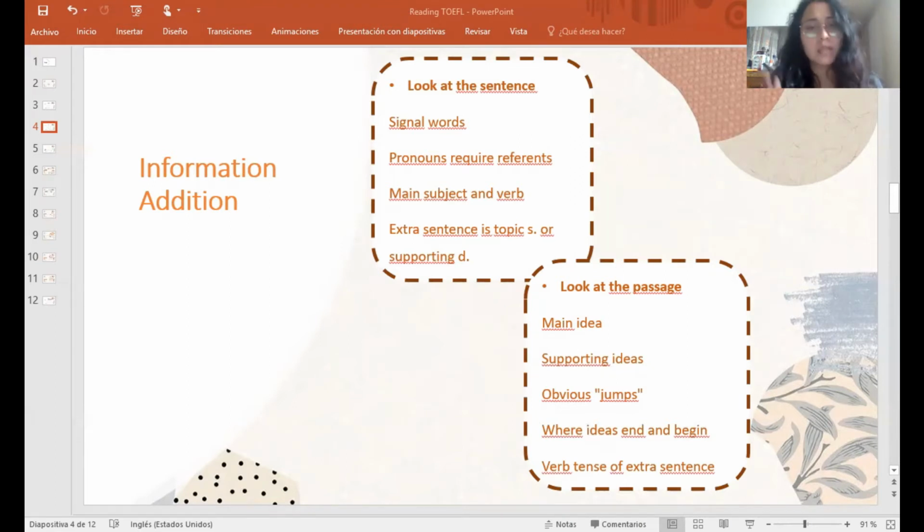Next, look at the passage and identify main ideas, supporting ideas, and any obvious jump like a missing counterpart, and then determine where ideas end and begin, and match the idea of the extra sentence to the appropriate place in the paragraph.